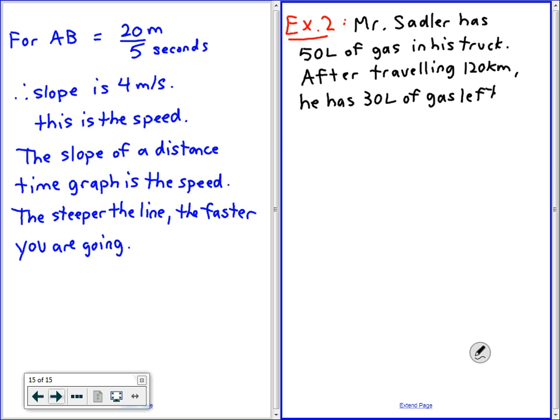Okay. A, sketch a graph for this. Now, when I say sketch a graph, that means just a rough thing is all I need. B, calculate the slope.